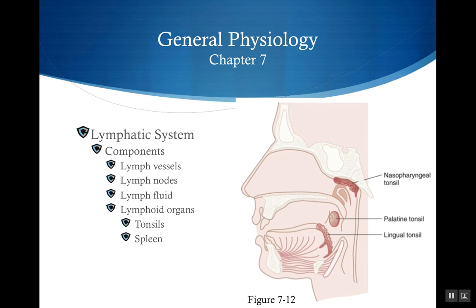When a tonsillectomy is performed, usually all of those tonsils are removed, the palatine tonsils and the nasopharyngeal tonsils. And interestingly, the removal of those tonsils doesn't really seem to increase the susceptibility of the patient to infection. So, what purpose do they really serve?